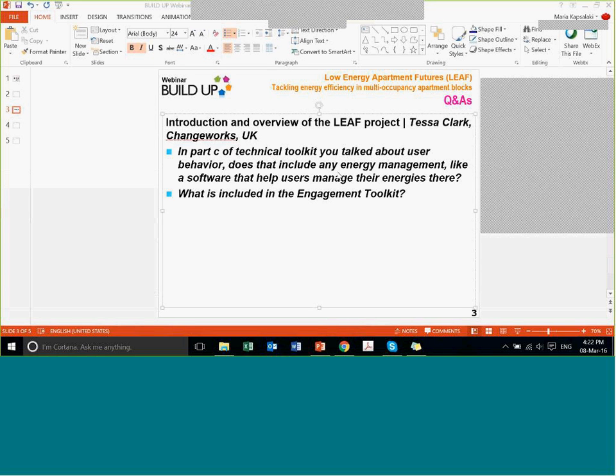Okay, so we have another question that just arrived. What is included in the engagement toolkit? The engagement toolkit, okay. So as I said, this is a PDF document that's available for each different country. And I think, as I also said, it's a step-by-step from initiation of working with that building to evaluation. So it goes through the major steps.